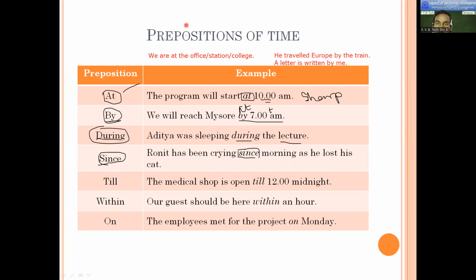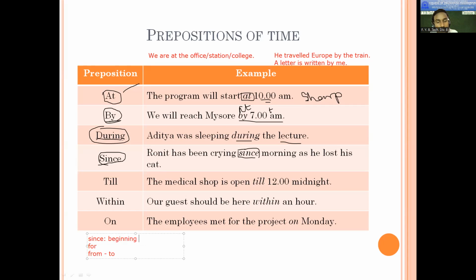There are 2-3 words for this: since, from, and to. All these 3 words refer to time. Since is used to tell the beginning of the action.